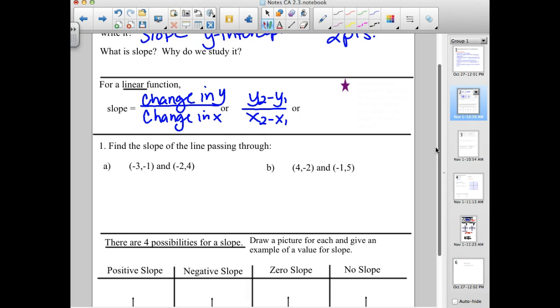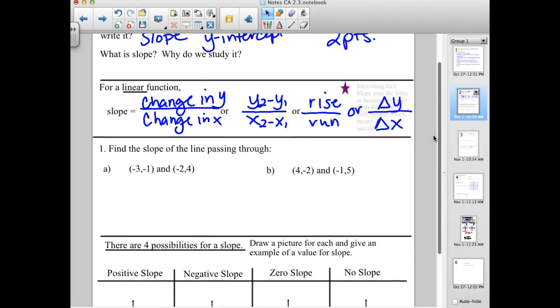If we were looking at a graph, what do we often think of? Rise and run. Yep. Have you seen this symbol before? Delta y over delta x. It's just another way of saying change in y over change in x. Shorter way of writing it.